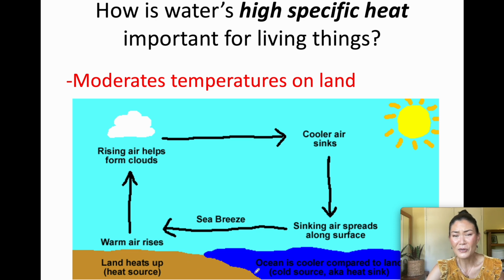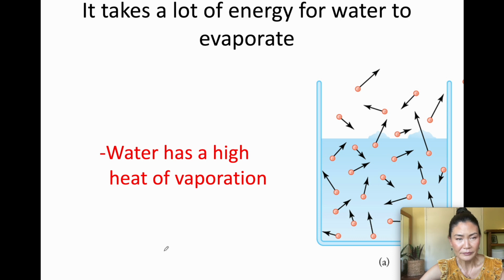That's a 30-degree difference. Why is that? It's because of this nice cool ocean breeze coming in, because all of that heat energy can be absorbed by the Pacific Ocean. It takes a lot of energy for water to change temperature. And then all of that nice cool air comes into the land and cools the land. So it moderates temperature on land.